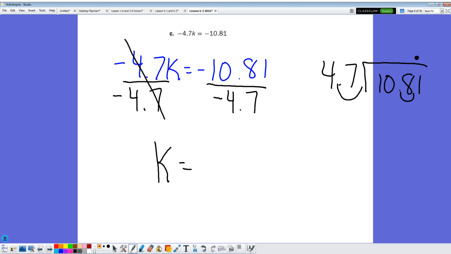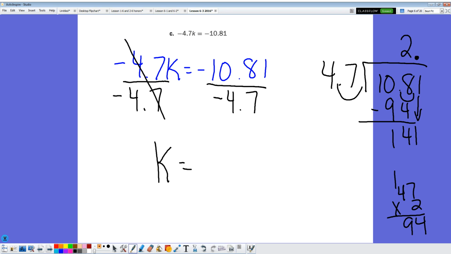47 goes into 108. Probably about 2 times, because 47 is close to 50 and 108 is close to 100, and 50 is going to go into 100 twice. So I'm going to do 47 times 2, which is 14, and then carry the 1. 4 times 2 is 8, so that's 94. 108 minus 94 is going to leave me with 14.